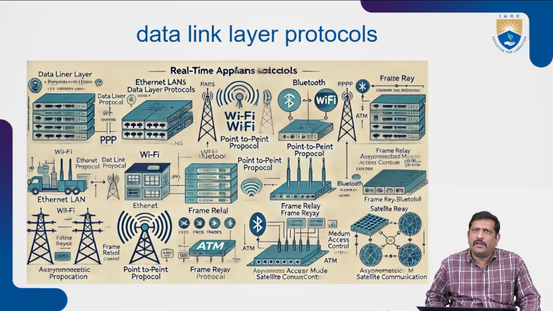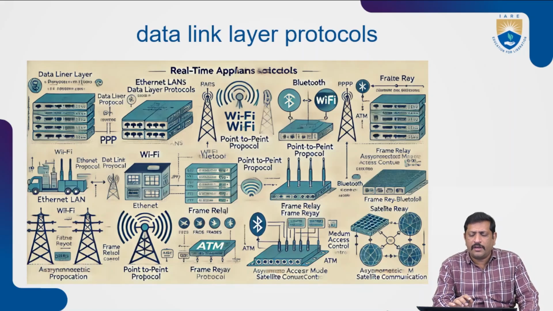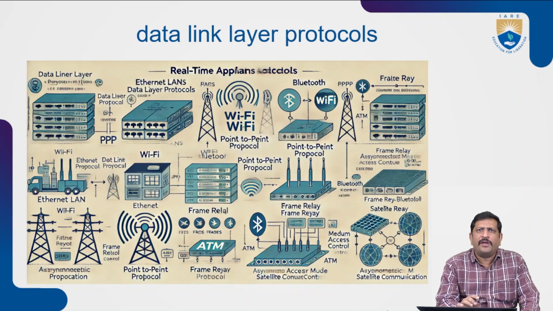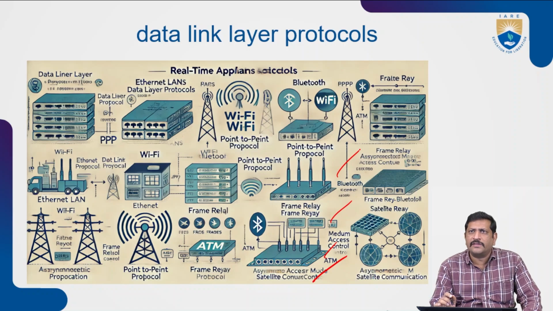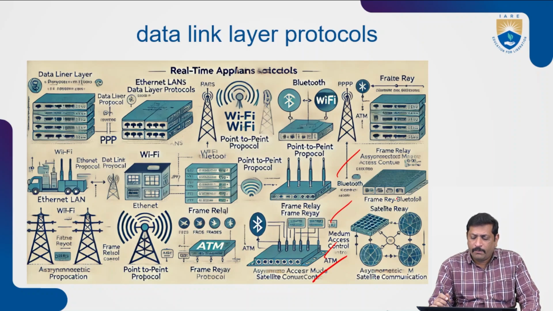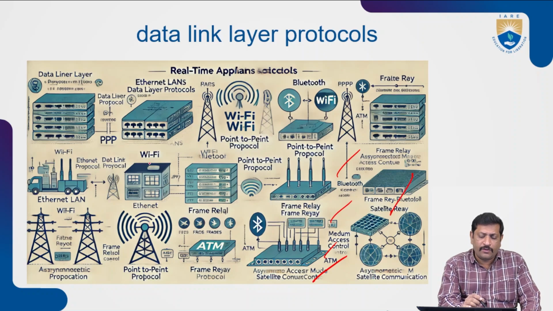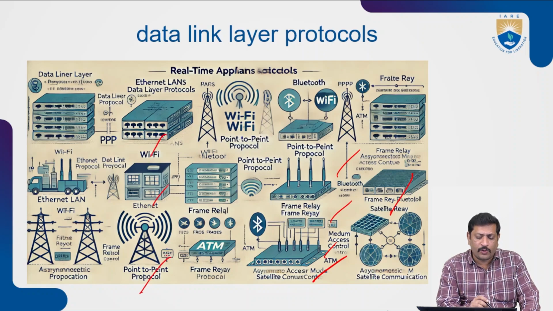These are all the real-time applications. Now we can see the application diagram: data link layer protocols used in Ethernet LANs, Bluetooth, point-to-point protocol, frame relay, satellite communication, ATM, medium access control, and also Wi-Fi and Ethernet.